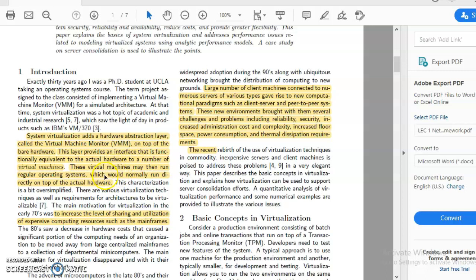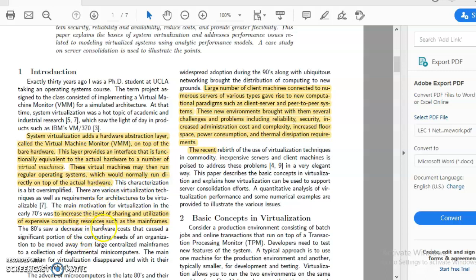The virtual machines will simply be running their different regular operating systems. Each virtual machine may have its own different operating system, not necessarily the same operating system, which would normally run directly on top of the actual hardware.